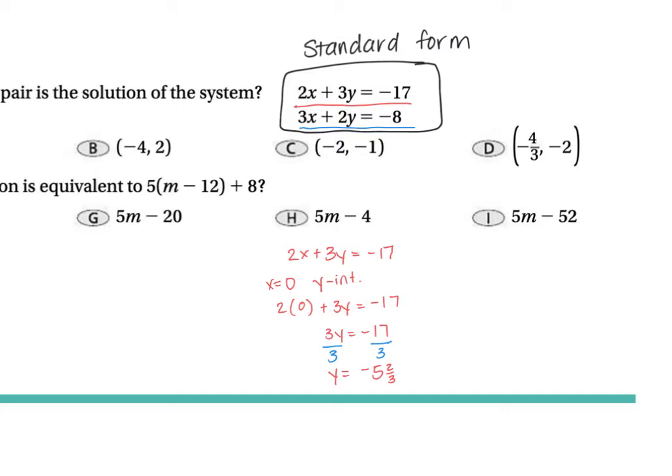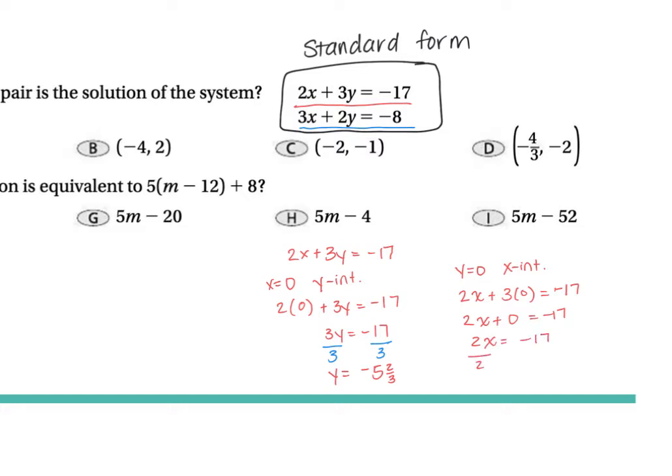And then we also have to plug in y equals 0 for what intercept? The x-intercept. So instead of 2 times 0, it's going to be 2x plus 3 times 0 equals negative 17. From here, 3 times 0 is just 0, so we've got 2x plus 0 equals negative 17, or 2x equals negative 17.